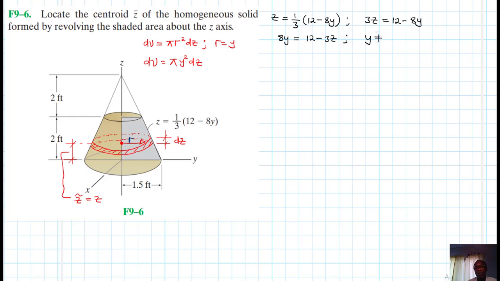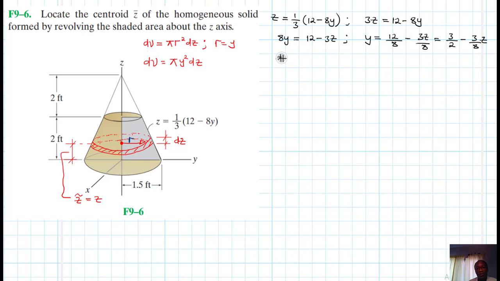Therefore y will just be equal to 12 divided by 8 minus 3z divided by 8, which later on just becomes 3 over 2 minus 3 over 8 z. So this is our y.